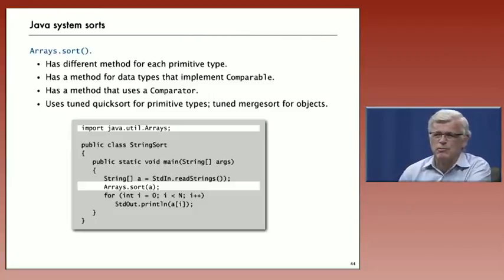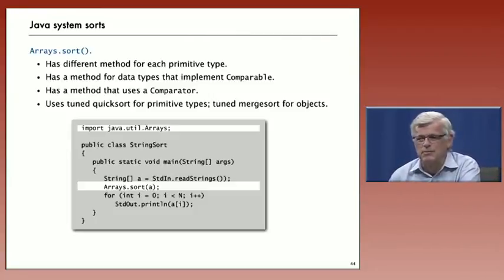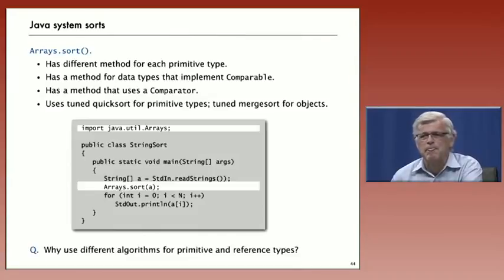And if the program is using primitive types, maybe performance is the most important thing, and so they'll use the quicksort. To invoke Arrays.sort, you have to import the namespace from java.util.Arrays, and then all you need to do is invoke Arrays.sort.